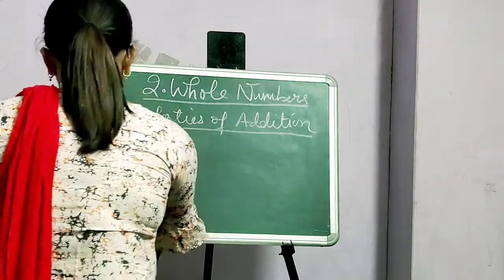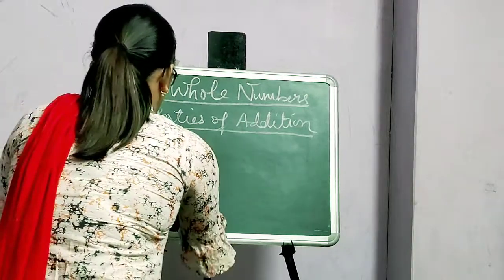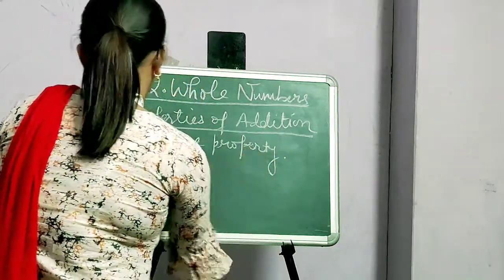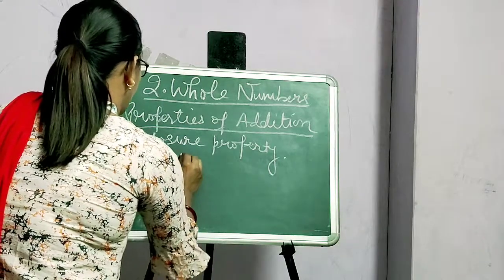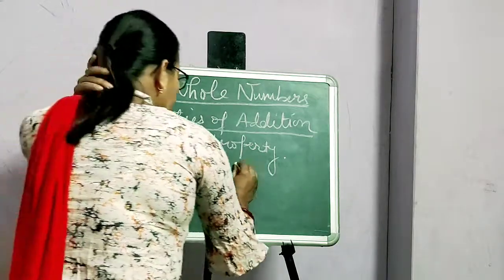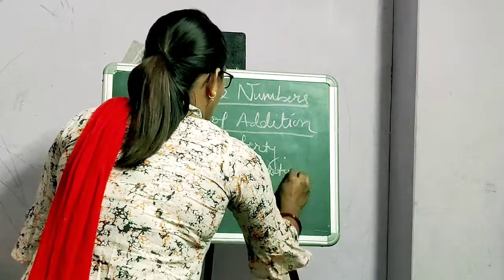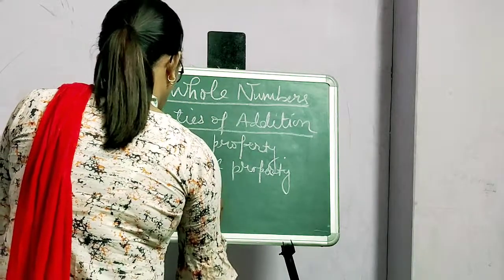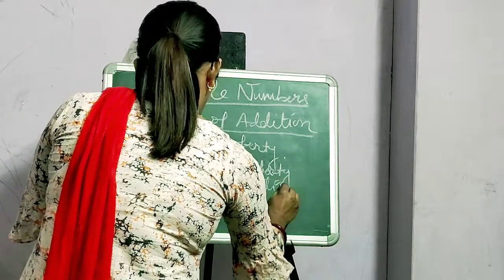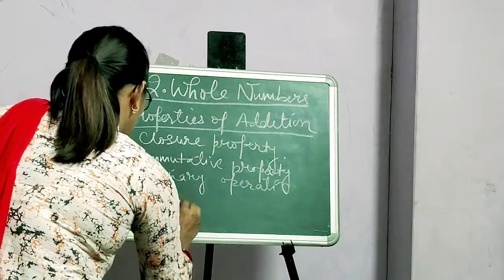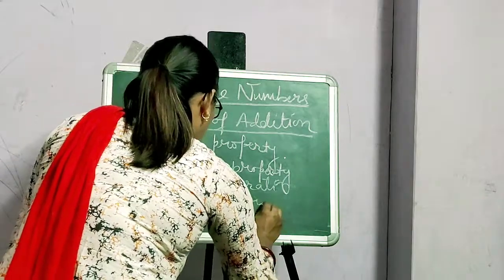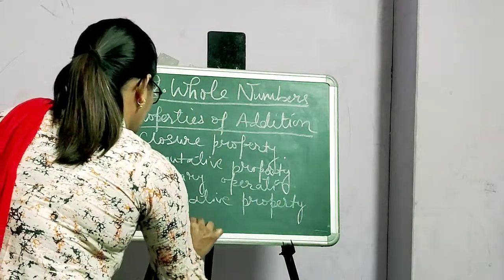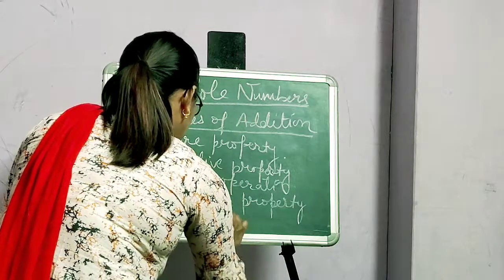The first one is closure property, then commutative property, then binary operation, associative property, and additive identity.